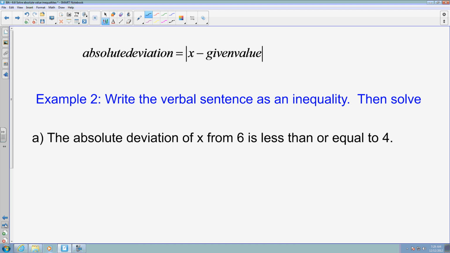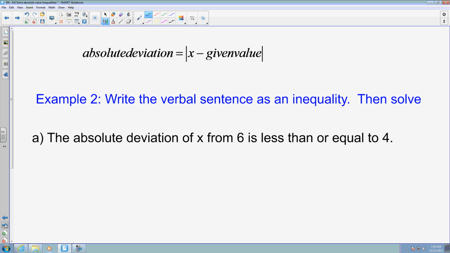All right, last thing we have deals with absolute value deviation. We talked about that a little bit in 6.5, where if you have the absolute deviation in a given value, you can determine what solve for x could be.